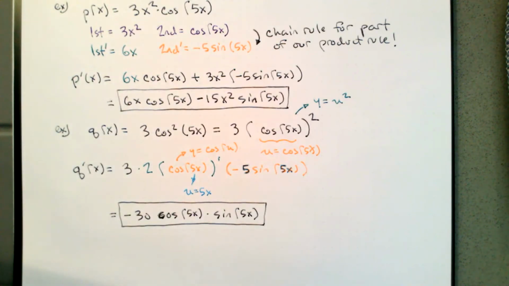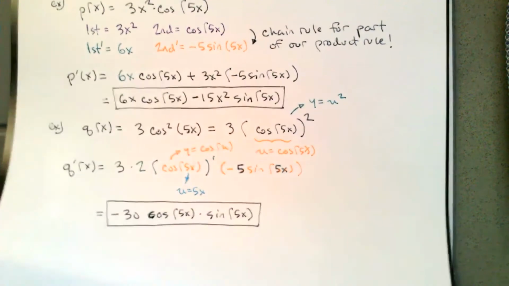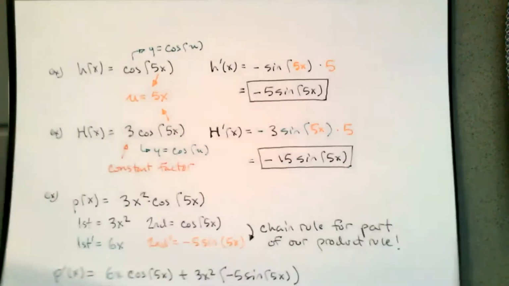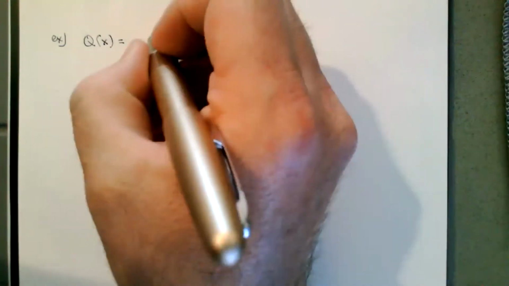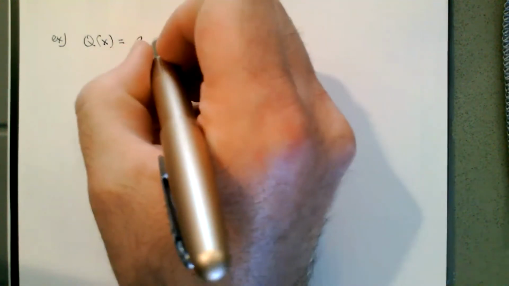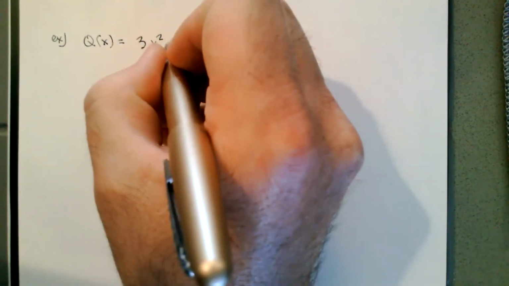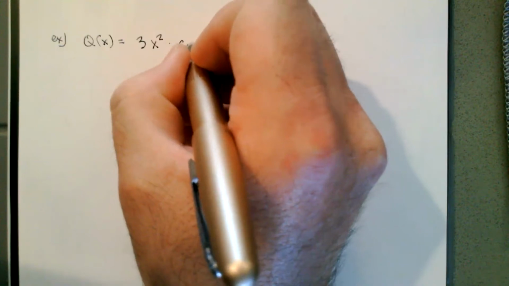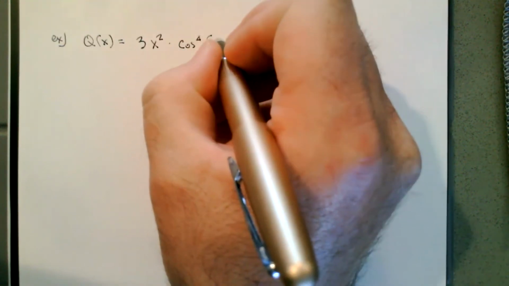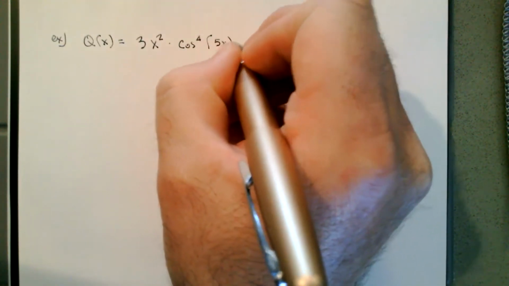Let's look at some more examples. Let's suppose that q of x is 3x squared times cosine to the 4th of 5x.